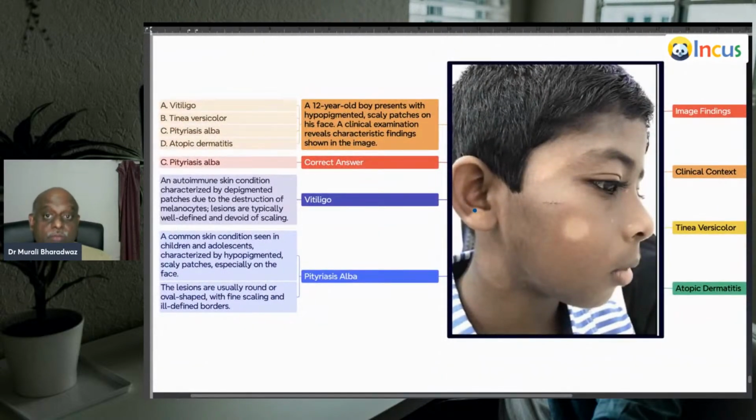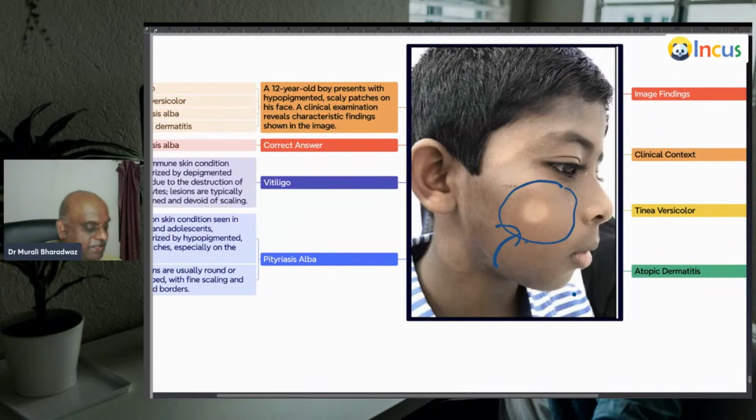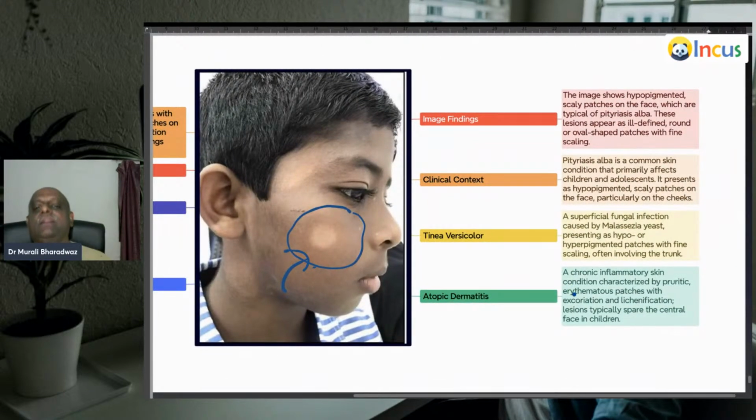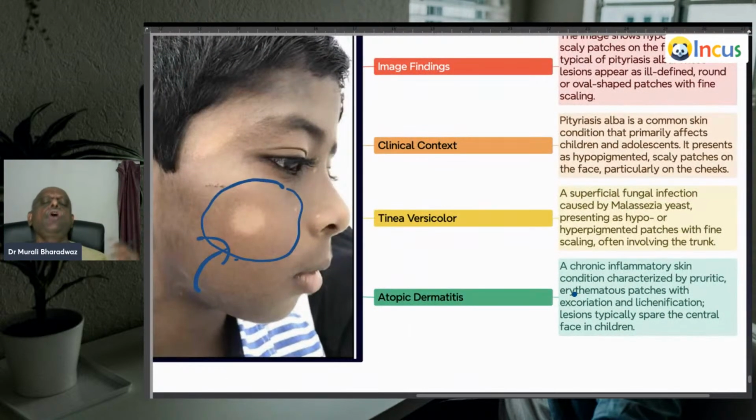A 12-year-old boy with hypopigmented scaly patches on his face. All his classmates are saying, hey, this boy has some problem. So he comes and says, Mama, all my classmates are saying I have these white patches. Is it leprosy? No, it is classically pityriasis alba.